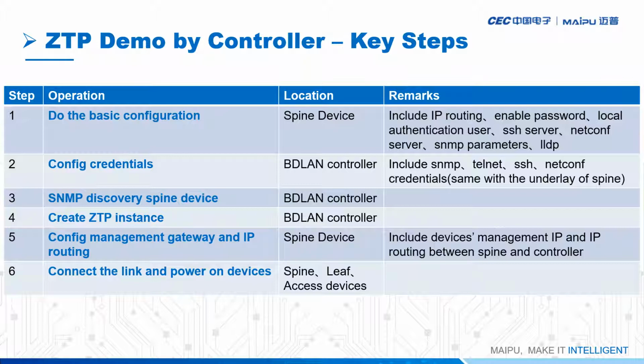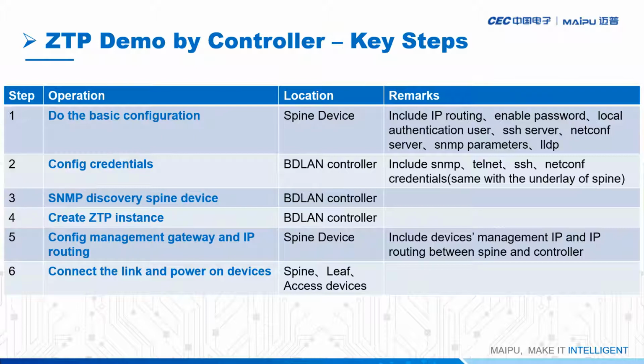Step 2 is to configure the credential on the BDLAN controller, and the credential includes the SMP, template, SSH, and netconf. And here we need to pay attention that the credential must sync with the underlay configuration of the spine device.